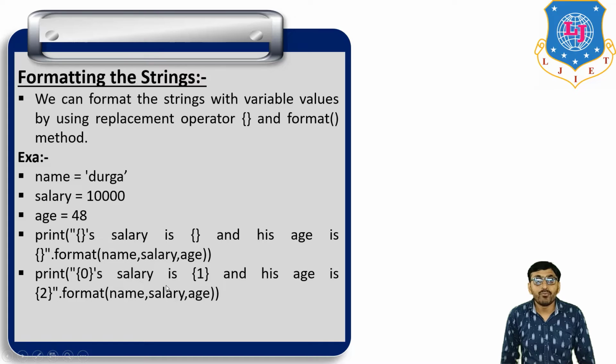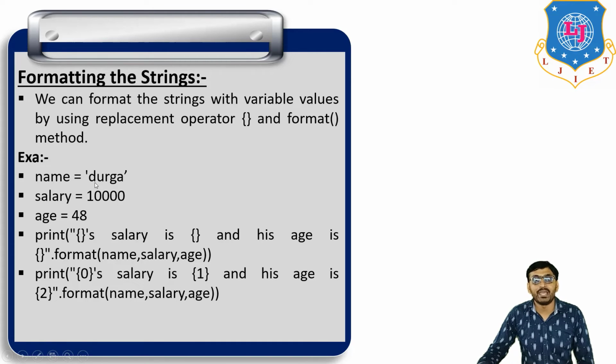Now formatting the string. We can format the string with variable values by using the replacement operator and the format method. So here two words are important: replacement operator and format method. We use these two terms.